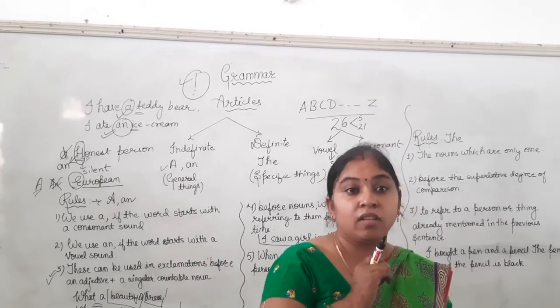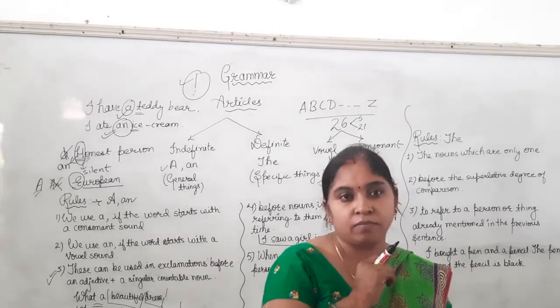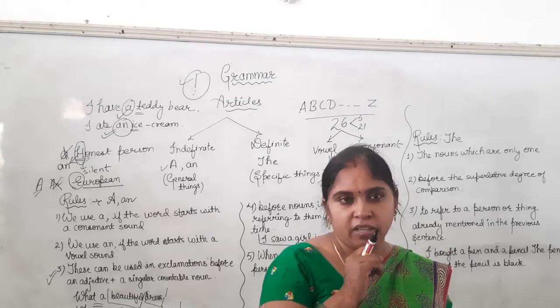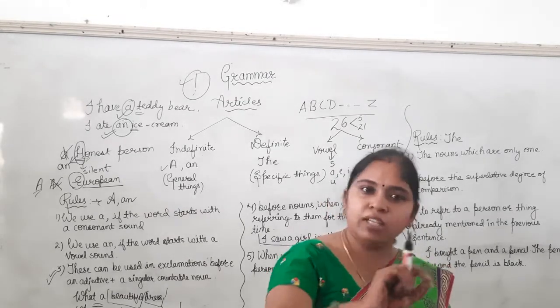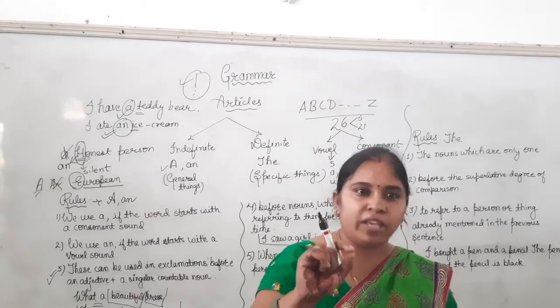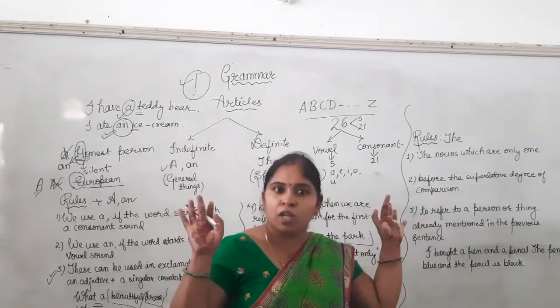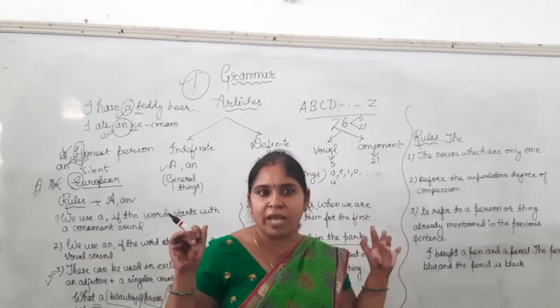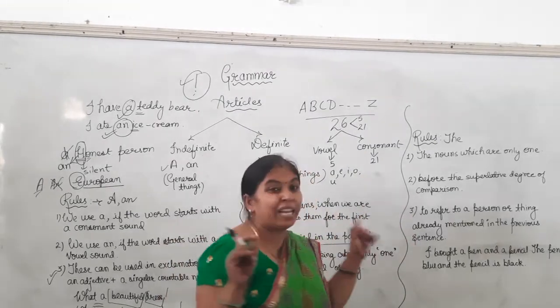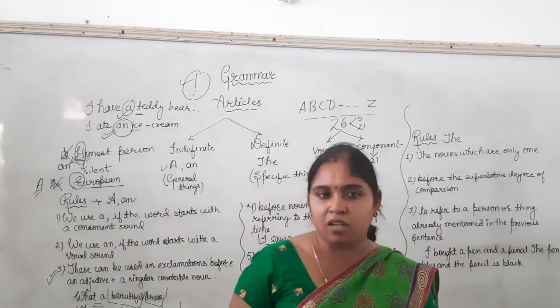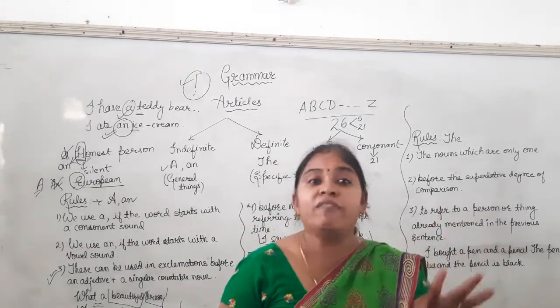The Eiffel Tower, the Taj Mahal, the Gateway of India. These are only one. We have only one Taj Mahal in India. Have you seen two or three Taj Mahals? No, we have only one Taj Mahal. So when we make a sentence with the Taj Mahal, before the Taj Mahal, "the" will come. The Taj Mahal, the Eiffel Tower.